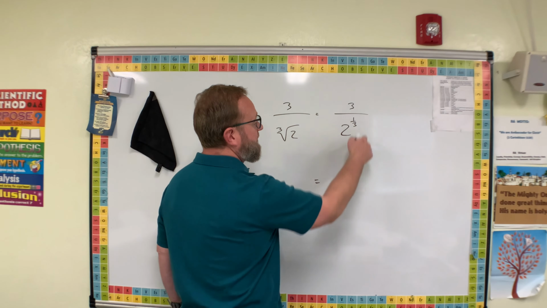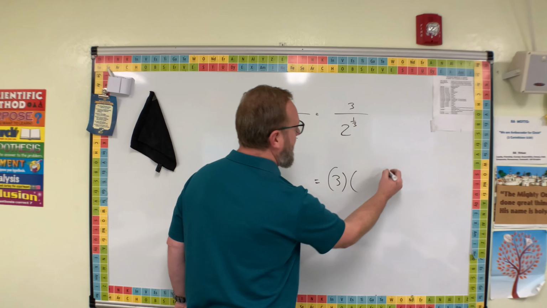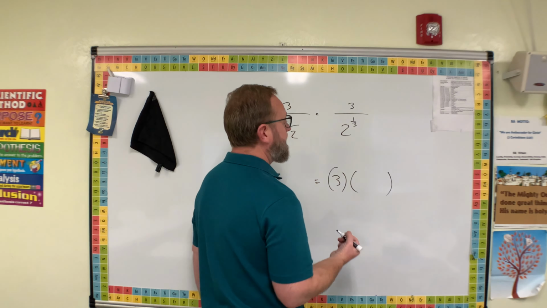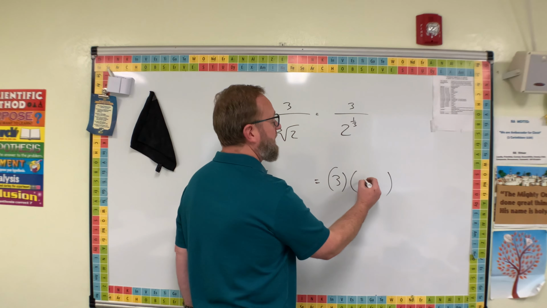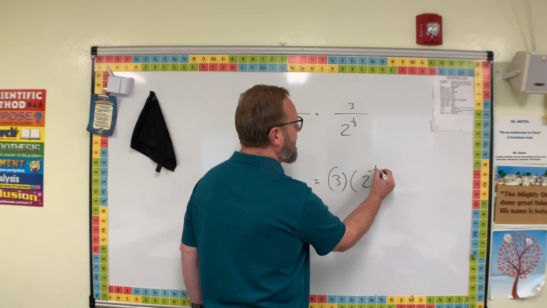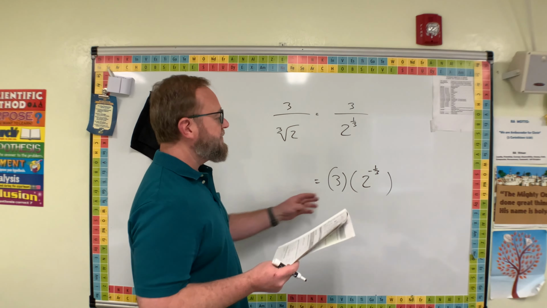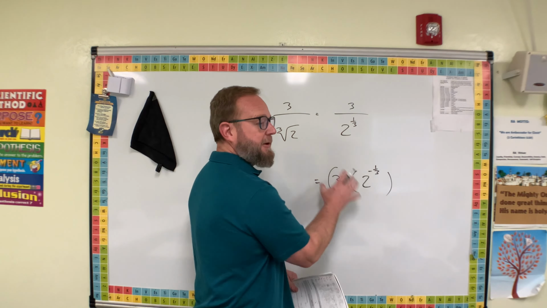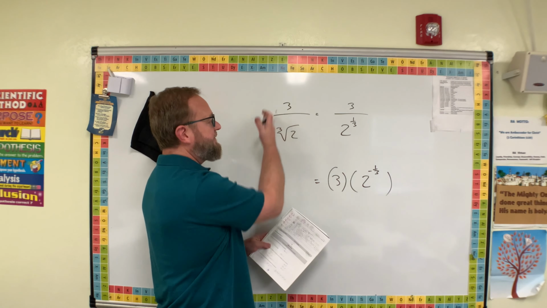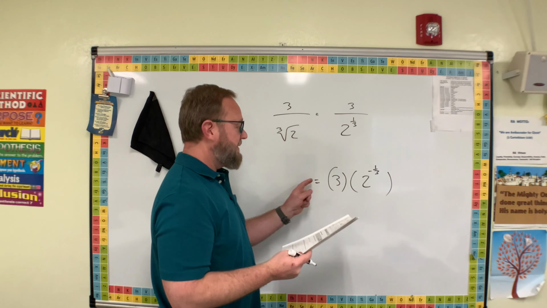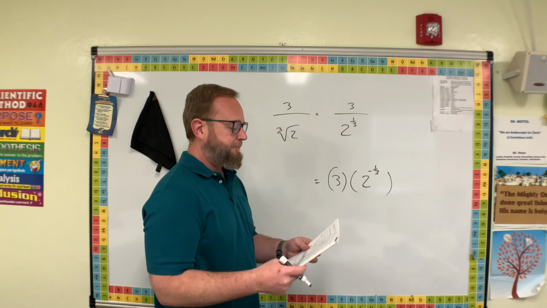So if I want to eliminate that whole fraction, I can write this as 3 times what? Thinking in terms of the negative exponent we just used, 2 to the negative 1/3. This may be useful because this feels like something I can work with in a problem a whole lot easier than that. So this would be simpler to use, and they are equivalent.